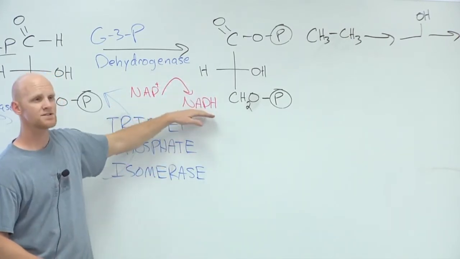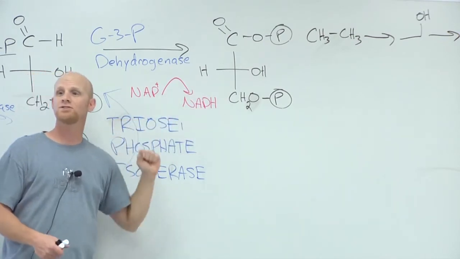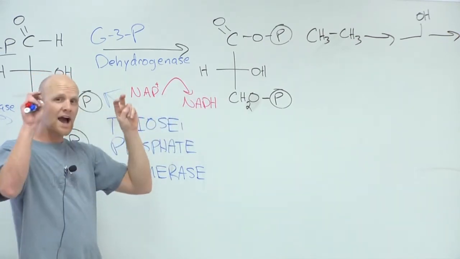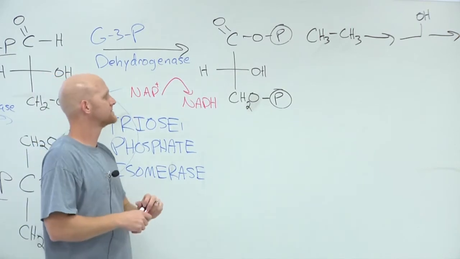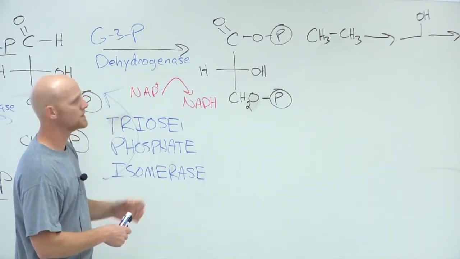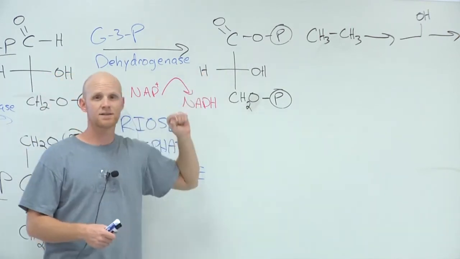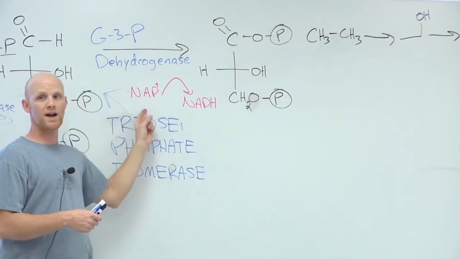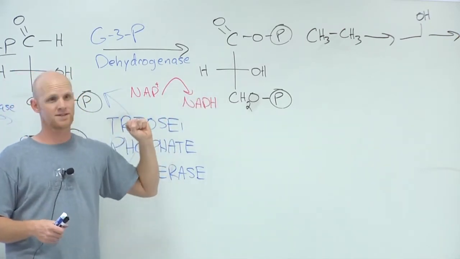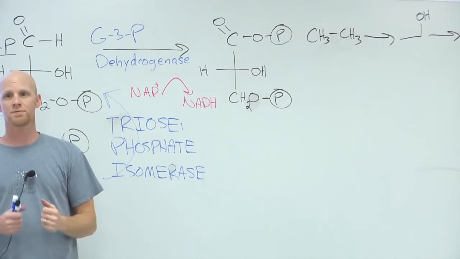NADH and FADH2 are also high energy compounds, which we'll cash in another day. But if you recognize that oxidation has taken place, then you better have some sort of cofactor getting reduced simultaneously every time. It has to happen in some way, shape, or form.